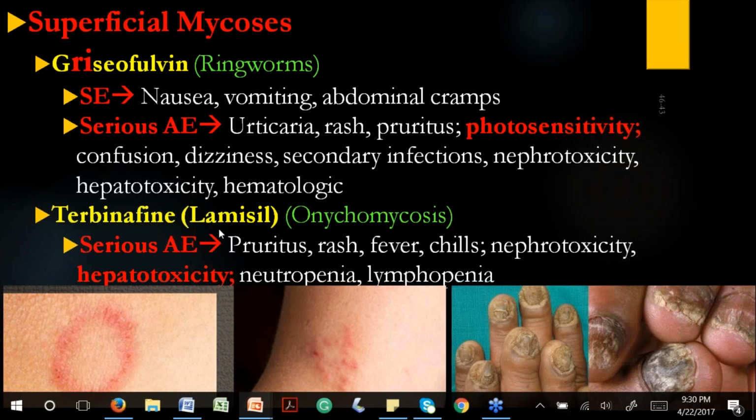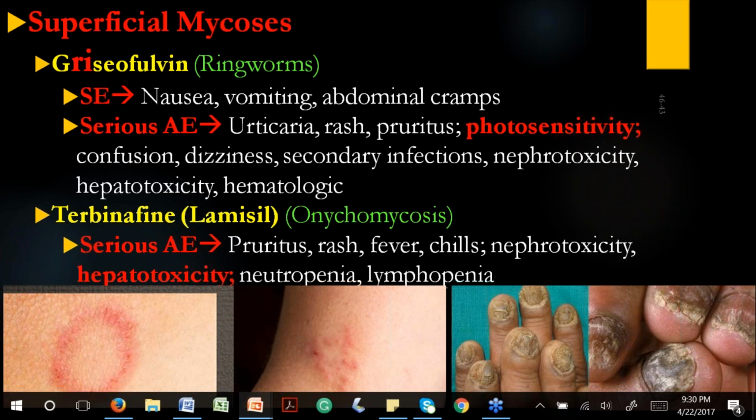We will have again the same side effects, nausea, vomiting. With topical, the side effects are not going to be as severe or as frequent as with systemic antifungals. They can have rash, hepatotoxicity, nephrotoxicity, and some neutropenia. Neutropenia means low white cells; in this case, the neutrophils are low.